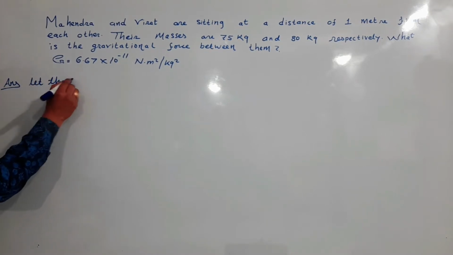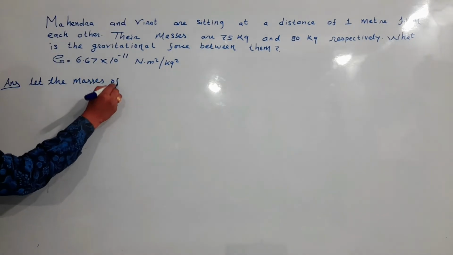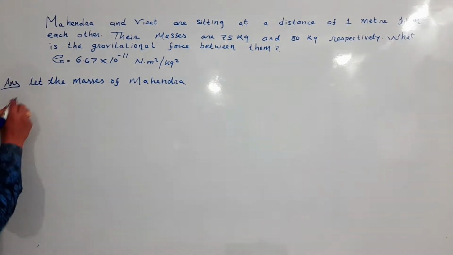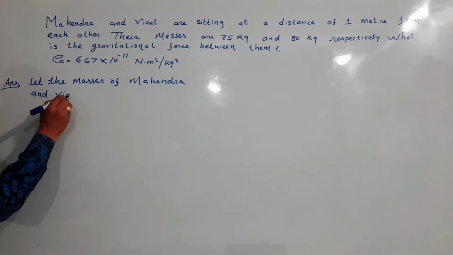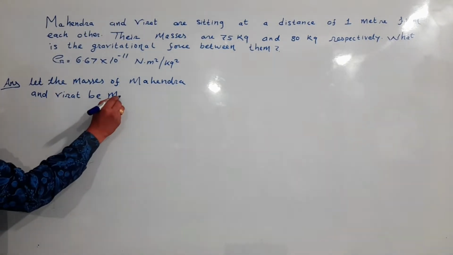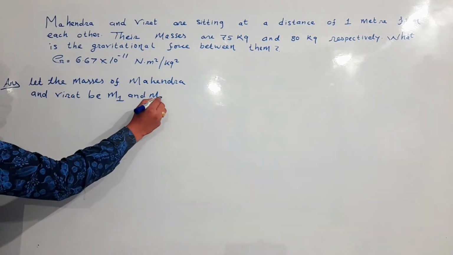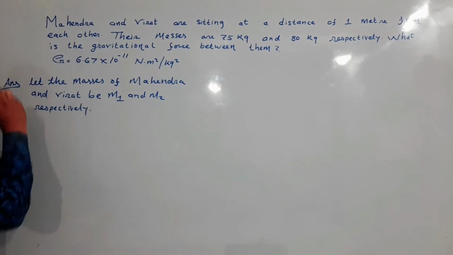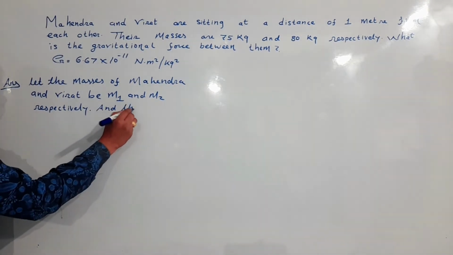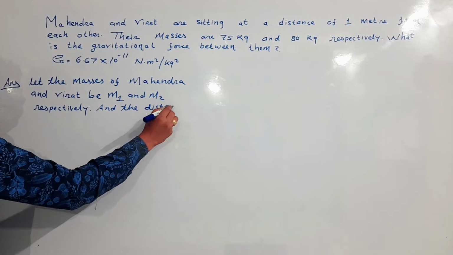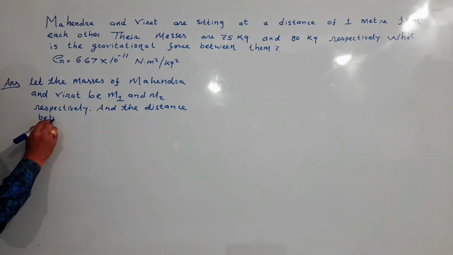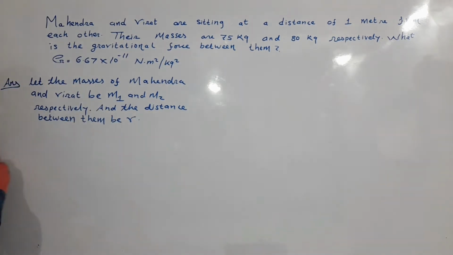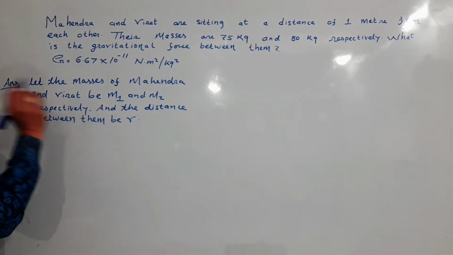Let the masses of Mahindra and Virat be M1 and M2 respectively, and the distance between them be R. So my dear student, we are going to write the data which is given to us.